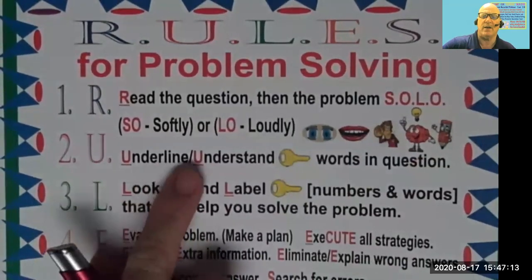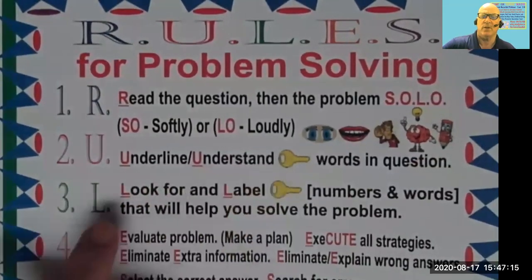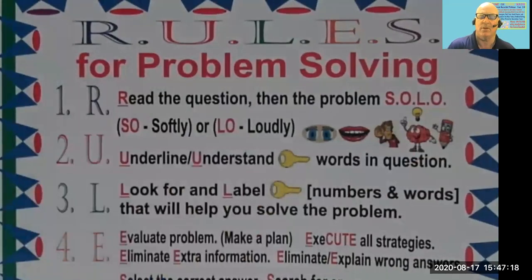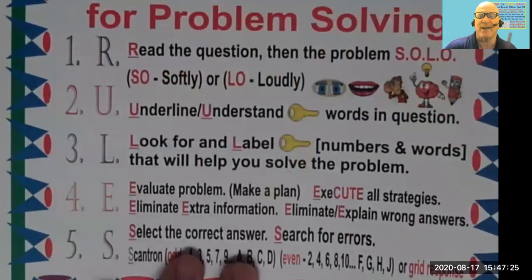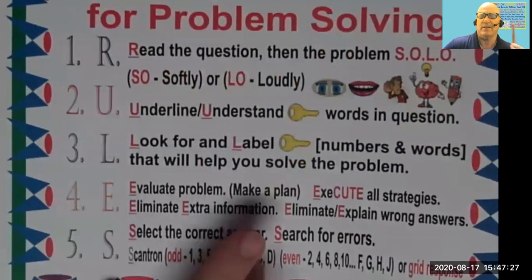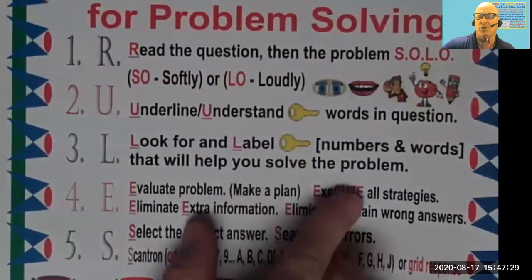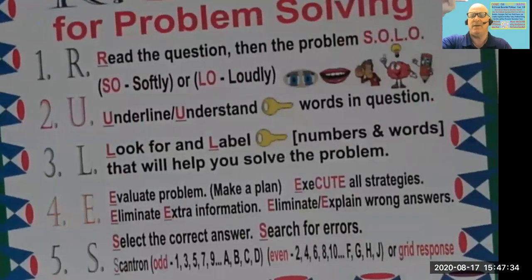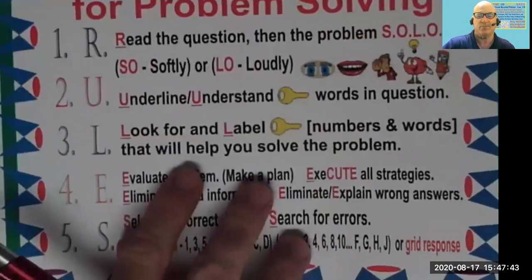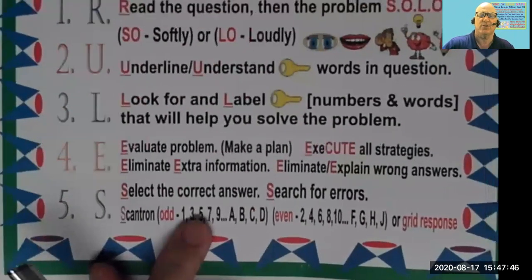Are we going to underline and understand the key words? Are we going to look for and label the keywords back in the problem that are going to help us solve it? Should we evaluate, stop and think, what strategy should I use to help me find it? That's going to help you make a plan and execute, not ugly, and eliminate extra information. I have 3 fingers sticking out there. I'm going to eliminate and explain my wrong answers. And then John Travolta had a movie.